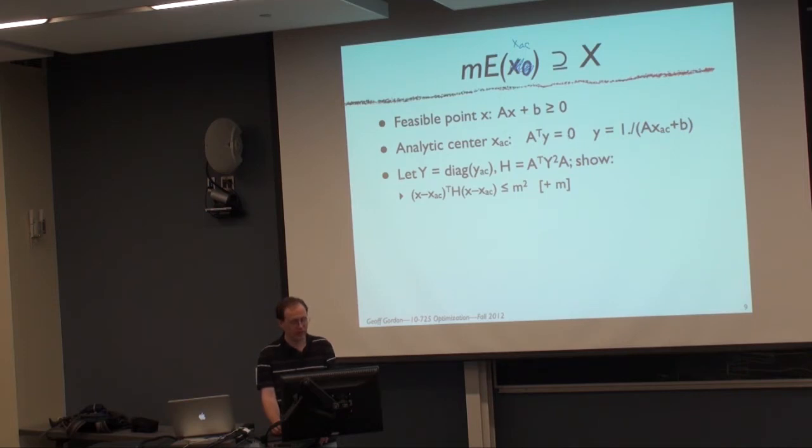And then we can define the Hessian at the analytic center, which is A transpose diag(y) squared A. And so then the Dikin ellipsoid would be (x minus xac) transpose H (x minus xac) less than or equal to 1. And so this looks like I'm expanding it by a factor of m along every dimension.